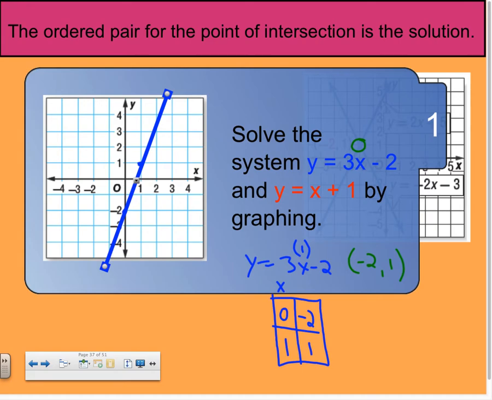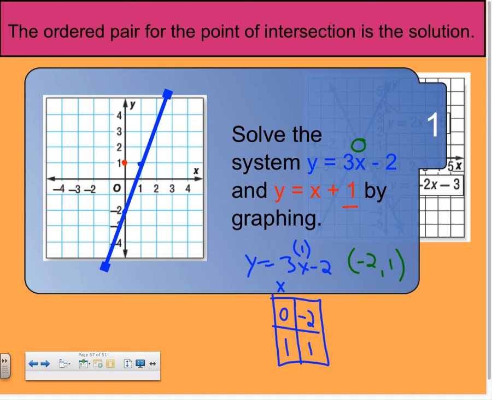That's how we graph an equation by using a table. Now, the other way is by using the y-intercept and then using the rise and the run of the slope. If we're looking at the equation y equals x plus 1, we can see that our y-intercept is 1. On the y-axis, here is 1, so that will be one of our points.